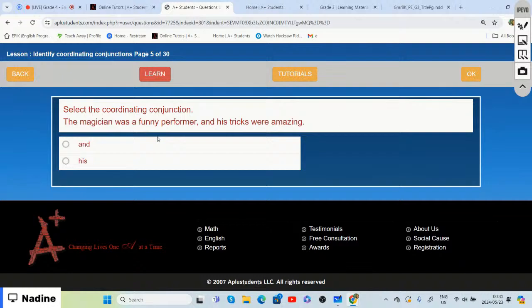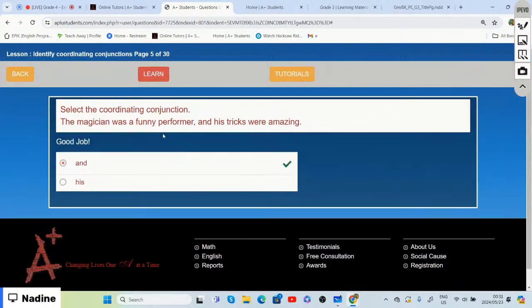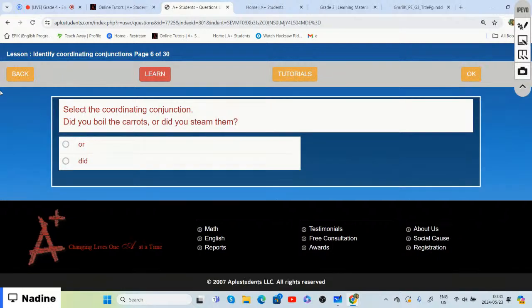Yes, I have a dog. All right, and if we were to choose the correct one, we would say and, right? So and is the correct coordinating conjunction.